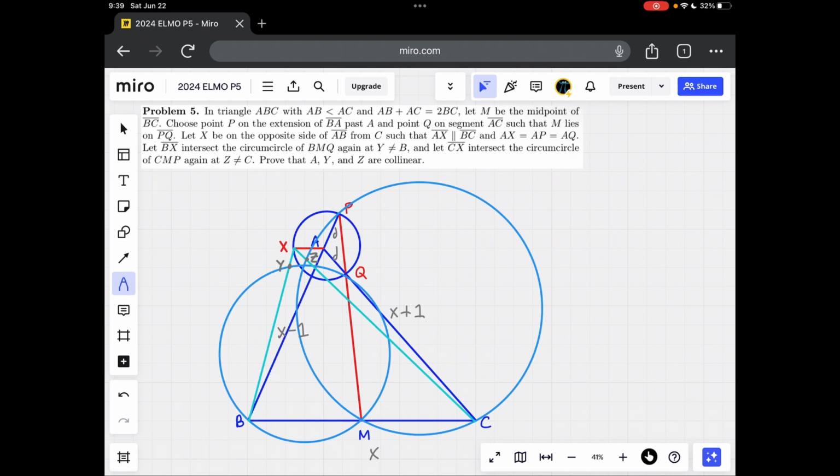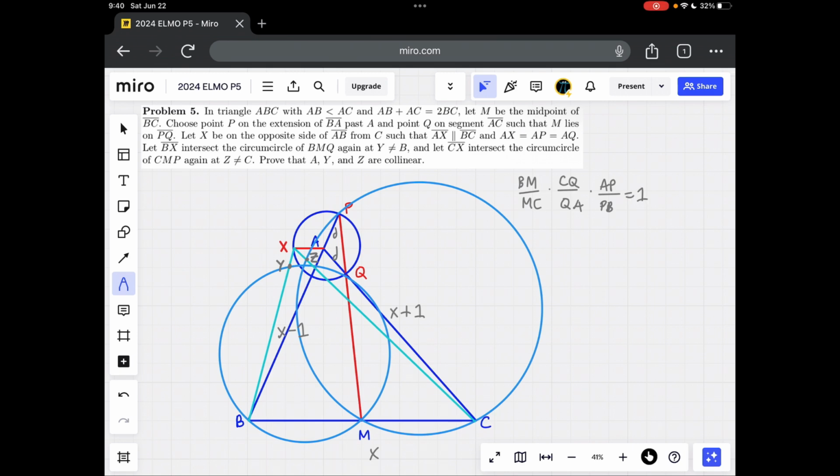So we're about to use Menelaus's theorem on triangle ABC with transversal PQM, which gives that BM over MC times CQ over QA times AP over PB equals 1.